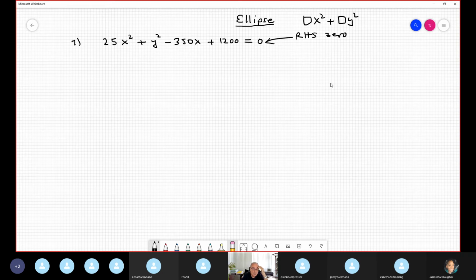So the organization for completing the square is: you focus on the x part and copy 25x squared minus 350x. I can see there is a common factor, 25. So you factor out 25, we have x squared and 350 divided by 25 is 14.